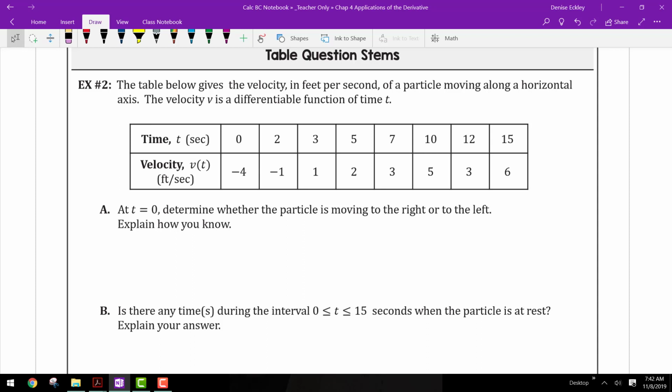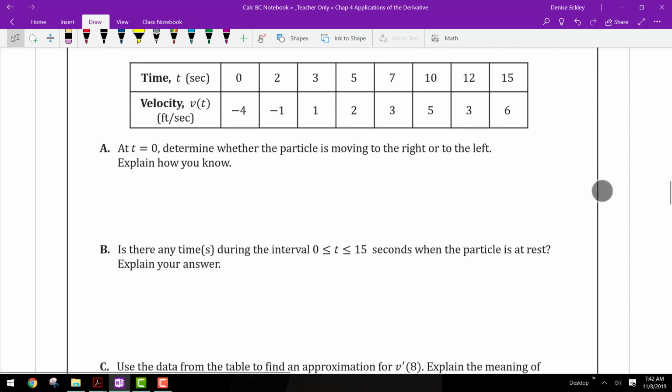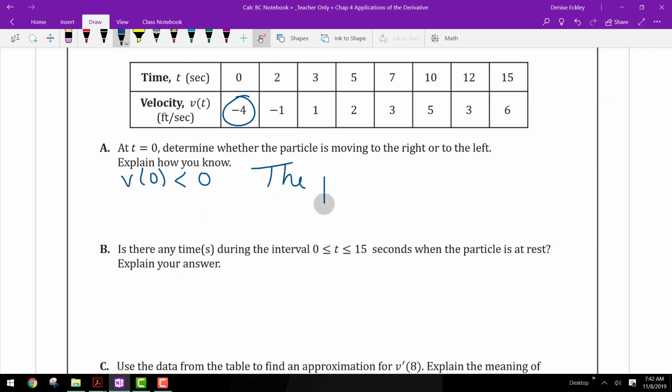Now we have time and velocity, and we are given units in this problem. Part A says, at time equals 0, determine whether the particle is moving to the left or the right. Since v of 0, which is right here, is less than 0, the particle is moving to the left.